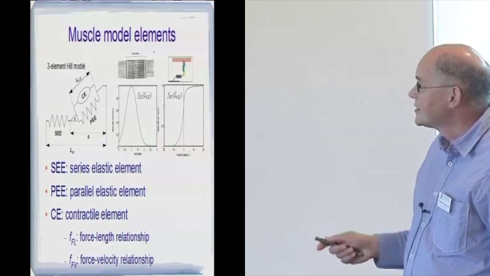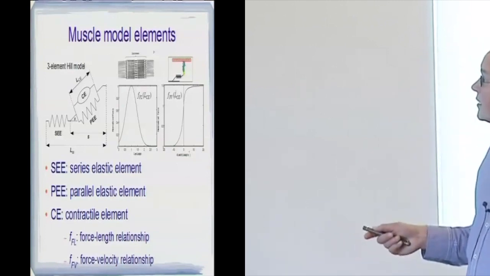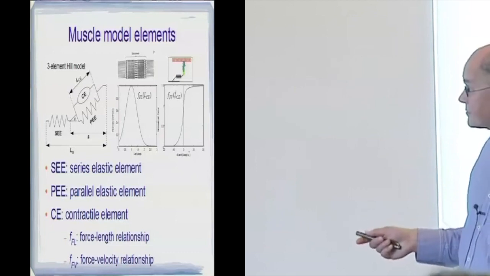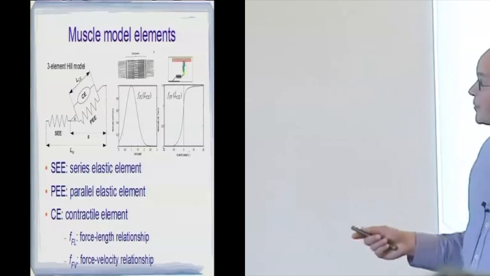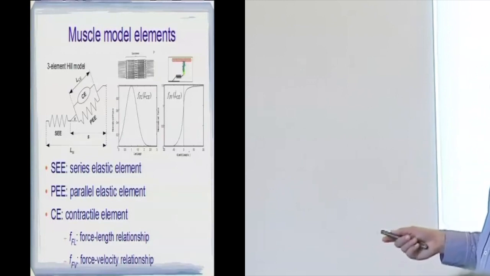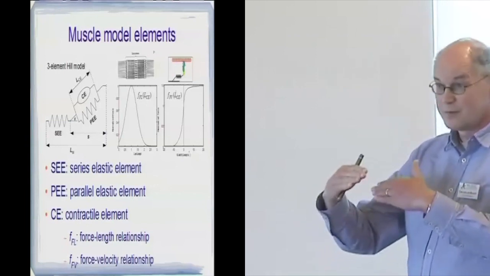This contractile element has properties that come from the overlapping protein filaments, called a sarcomere. The first property is a length-dependent capacity to generate force. There's one particular length of this contractile element, which we call the optimal length, at which it can produce the most force. And that's where the overlap is optimal.